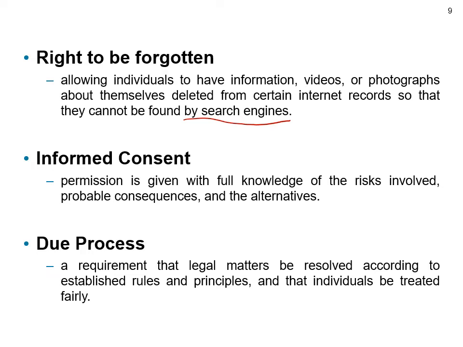So the permission is given to the other party to share, go ahead, because the permission is given. Due process: a requirement that legal matters be resolved according to established rules and principles, and that individuals are treated fairly. I want to know whether I'm wrong or right. Treated fairly.